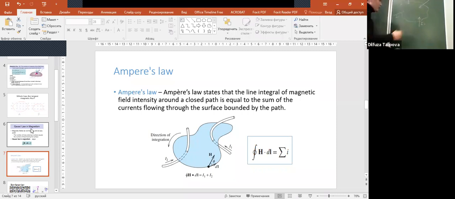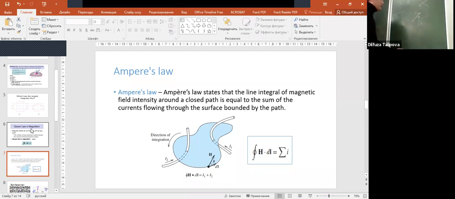So we have the magnetic field lines, but we should say the magnetic intensity. So magnetic intensity is equal to magnetic field divided by mu0.